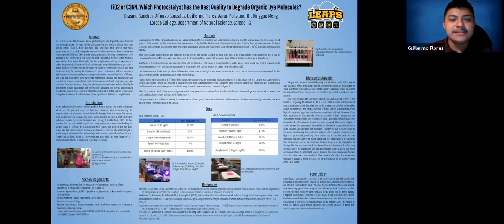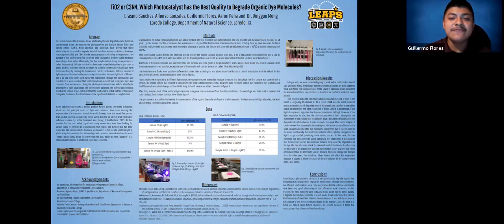In order to conduct our experiment, we first needed to prepare our solid catalyst C3N4, or carbon nitride. The chemical melamine was used and the calcination method was put in practice in order to synthesize carbon nitride. This method consists of heating melamine at very high temperatures inside a furnace. After synthesizing our photocatalyst, we then needed to prepare our diluted solution.